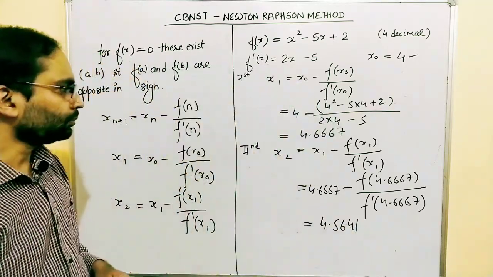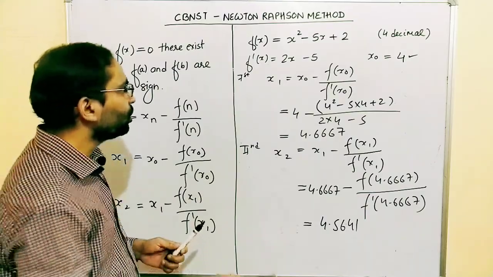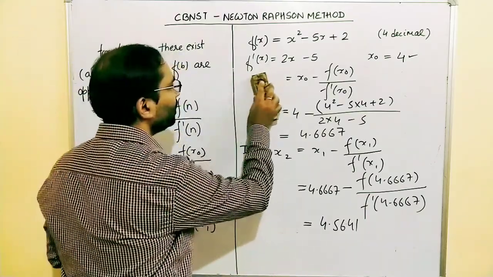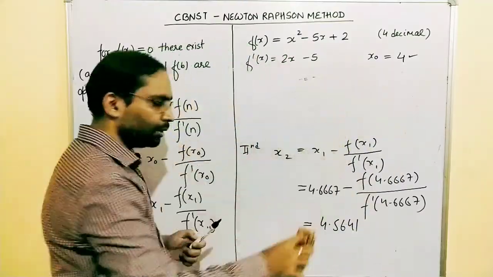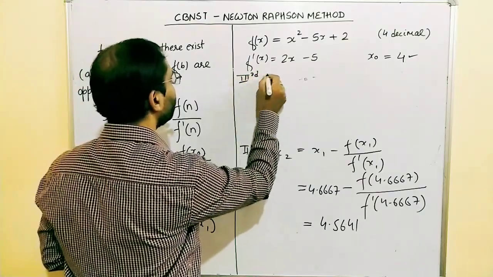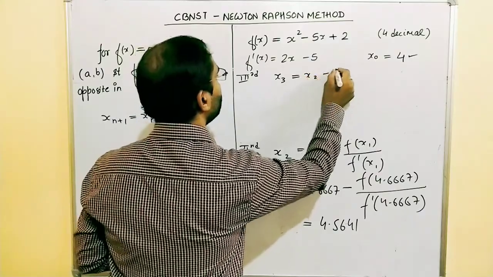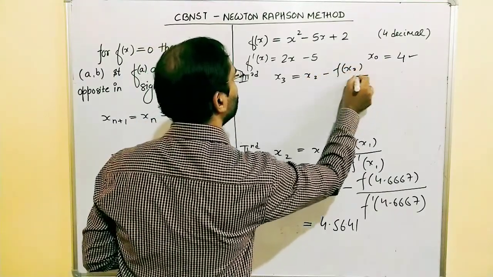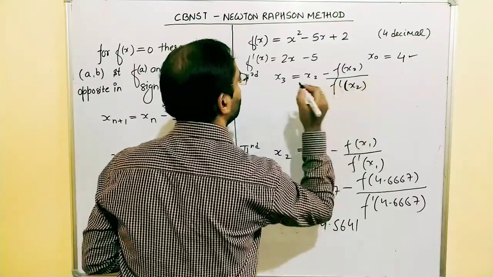In the same way, now we need to go further and find the next iteration, because we have not achieved the desired accuracy till now. So we need to execute our third iteration. We'll evaluate x3. x3 will be x2 minus f at x2 whole divided by f dash at x2.